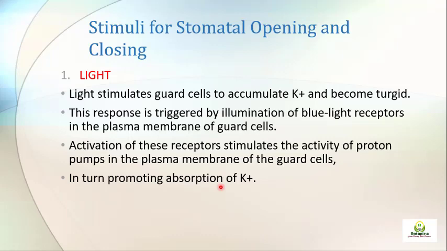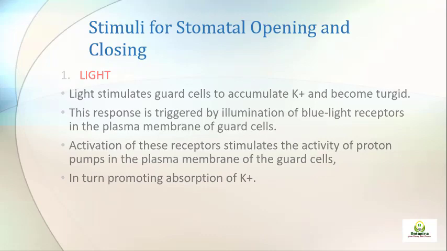We have discussed it previously as well, what light does. The pigments absorb blue light and are activated, and they in turn activate the proton pump, which excretes hydrogen ions from the guard cells, and in turn it accumulates potassium ions along with chloride ions and other organic acids as well, which will result in the movement of water into the guard cell, and in turn the stomata will open. So first of all we have the light.